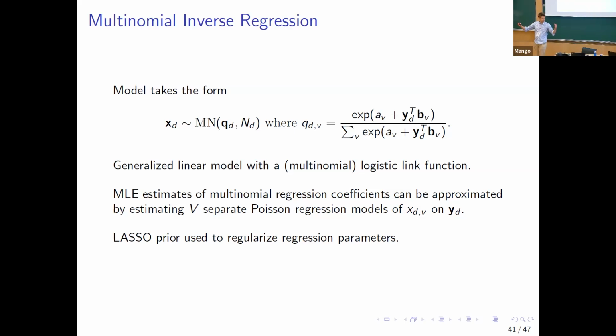I don't study discrete choice models, but I gather that for those of you in structural I/O or other fields that do discrete choice models, this is a very common structure. Okay? So it's a generalized linear model in which every term has its own baseline frequency a_v. There's then a set of document-specific covariates y_d, whose values are allowed to influence the probability that document d has term v. So b_v is a set of term-specific regression coefficients.